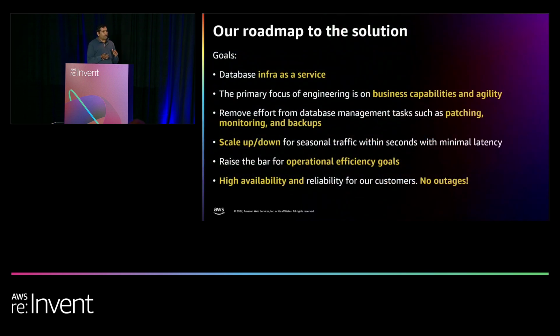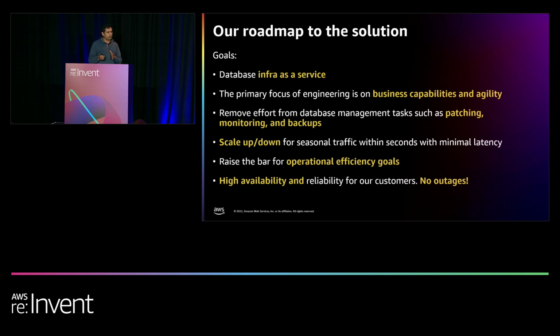So now that we have the problem statement defined and called out clearly, we wanted to strategize on how we roadmap towards a solution. In order to do that, we prioritized 4 key aspects as we were working through this. 1, we wanted to leverage persistence as a managed service.